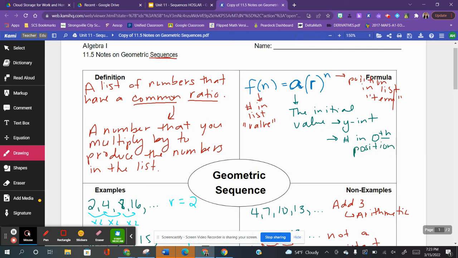So that part doesn't change. Just like with arithmetic, I'm going to have to work backwards by 1 in order to get that a value. And then, of course, r is that common ratio, that number that I'm going to multiply by in order to produce my list. So let's put this into practice.